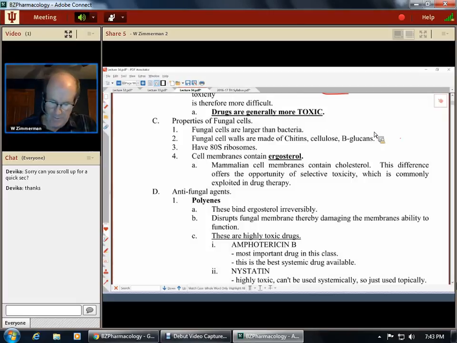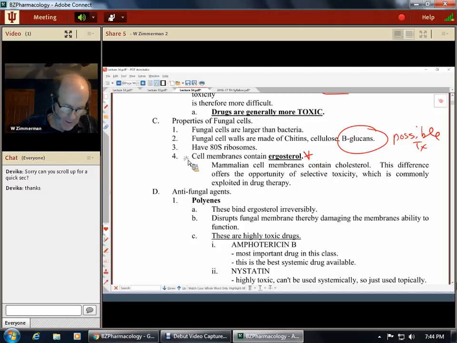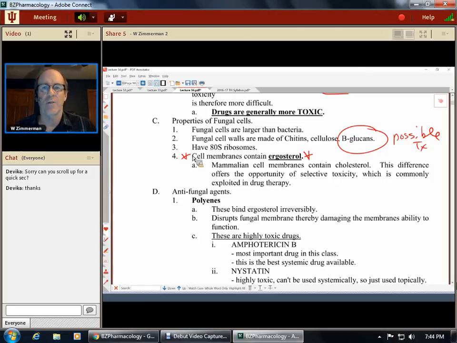Sometimes we have some drug that works there. Fungal ribosomes are more like the humans' or eukaryotes'. The big thing that we use, though, is that the fungal cell membranes do not have cholesterol, they've got ergosterol. And that's, as I say here, commonly exploited in drug therapy. When we have to go IV, this is really usually where we're going after.